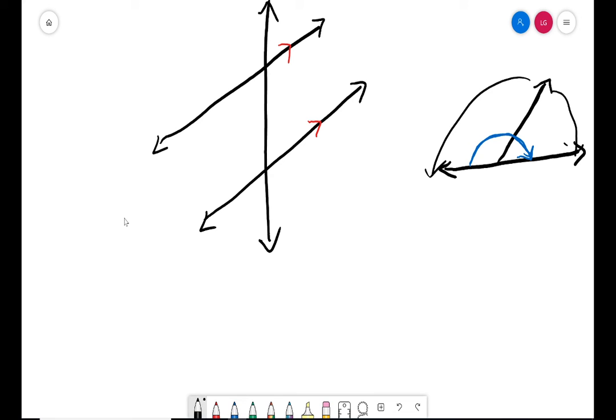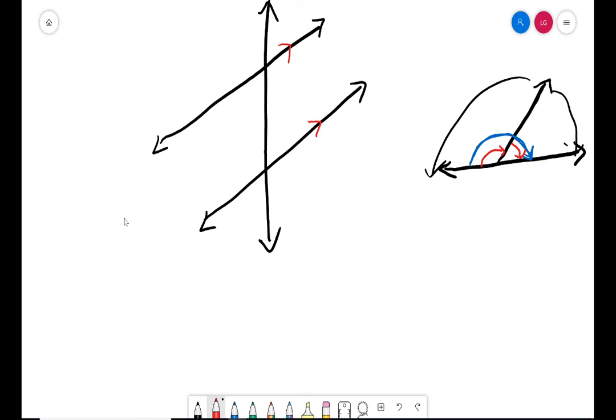Supplemental means that if you look at these two angles that are created by this additional ray, we don't know what their angle measurements are. We know they're less than 180, each of them separately, because they're not an entire line or half circle. But together they are, right? So they're called supplemental angles.